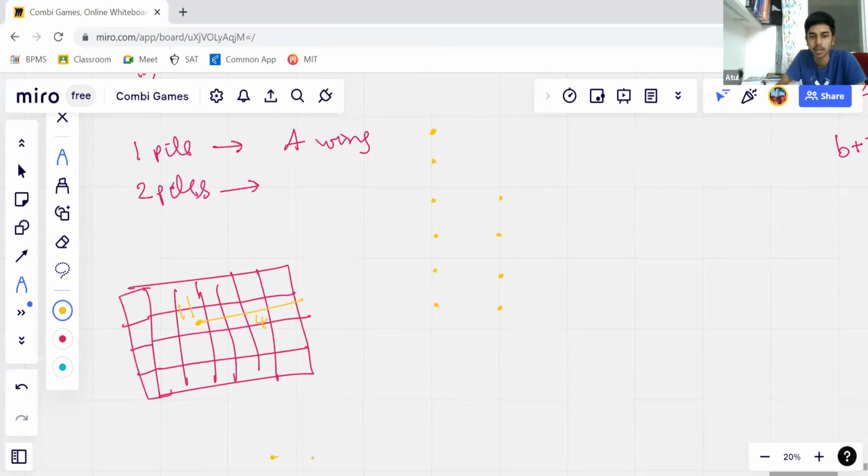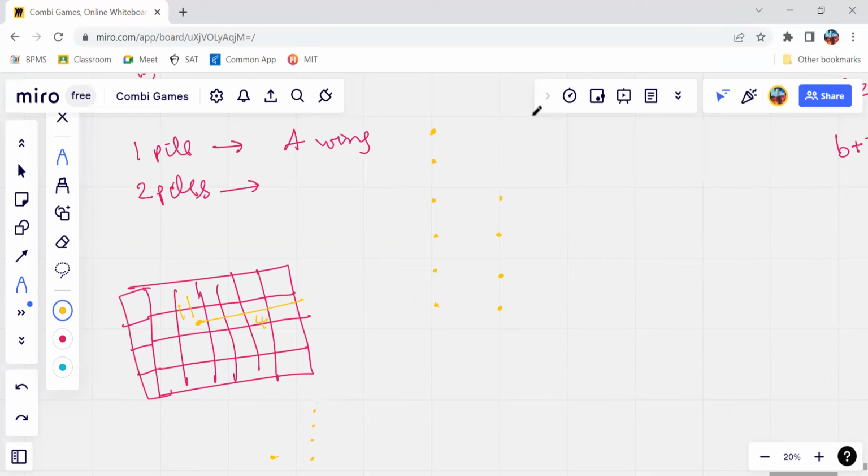So you can imagine this being equivalent to two piles, one with 1 stone, one with 4 stones. And when you move, what are you doing? You're reducing one of these numbers to anything. So if you reduced this to 0, it means that you're removing this stone. However much you're moving to the right, you can imagine cutting from this pile.